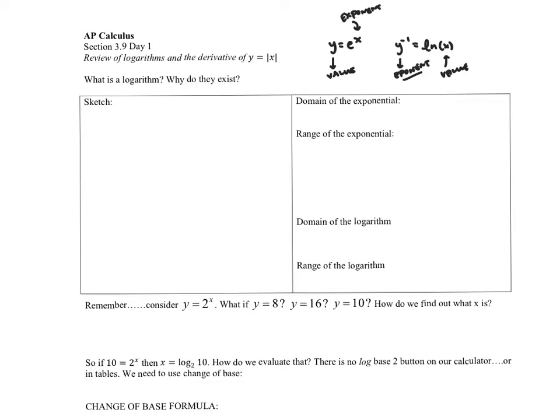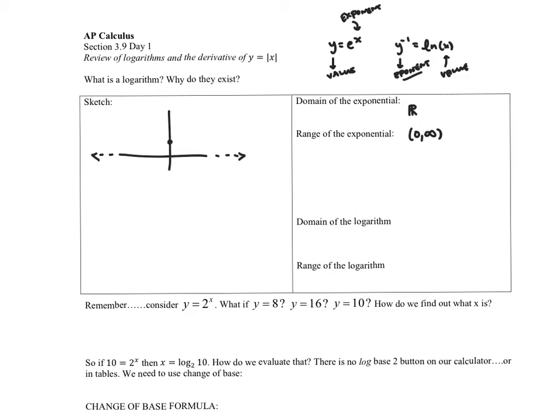We'll go with e to the x, and a logarithmic function, ln of x. So e to the x. All right, exponential functions that have no vertical transformations going on will have a domain of all real numbers and a range of numbers greater than 0.